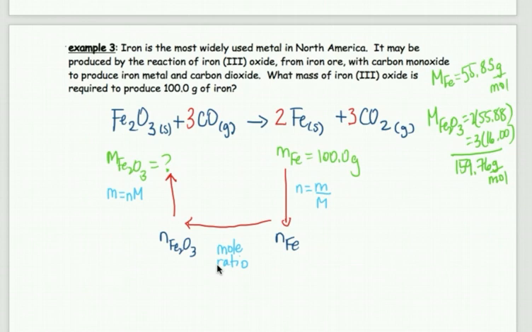So again, we're going to use the formula method here. So we're going to squeeze these in here. So step 1, that's this step here. So step 1, I'm going to find the moles of iron. Okay, so to do that, I'm going to take the mass of iron, which is 100 grams, and I'm going to divide by the molar mass, which is 55.85.